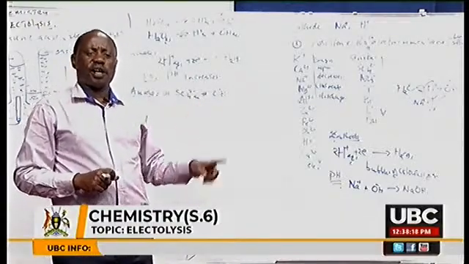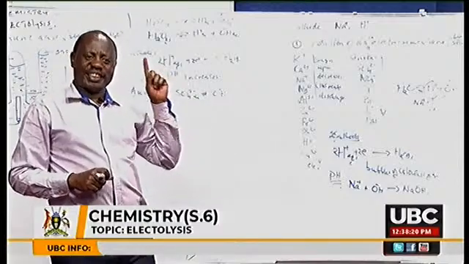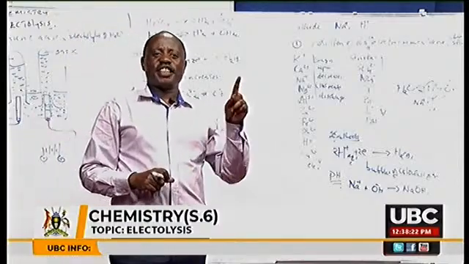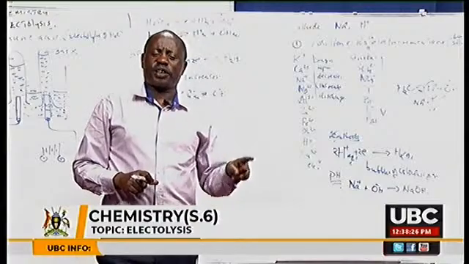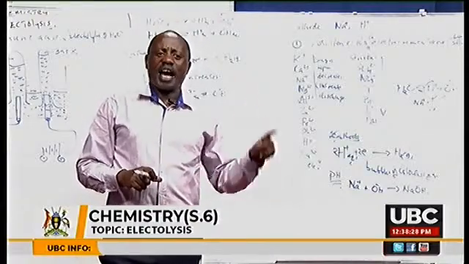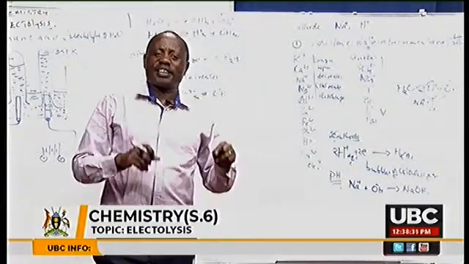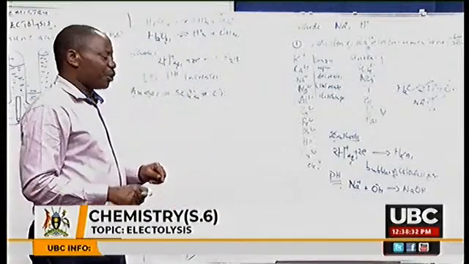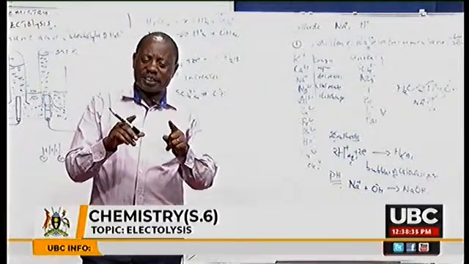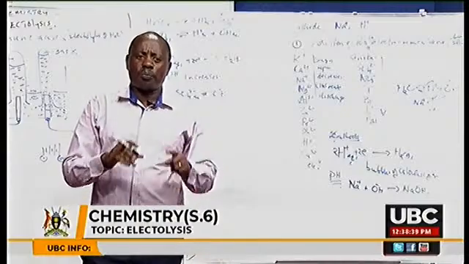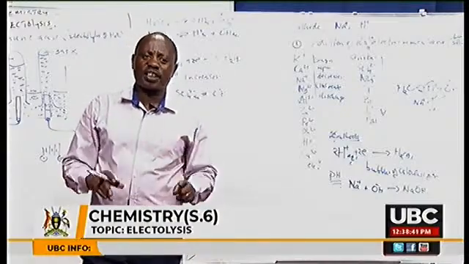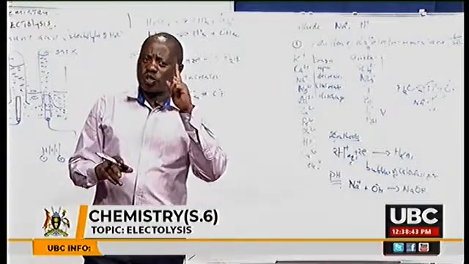But hydroxyl ions will be preferably discharged. And the reason is they are below sulfate in the electrochemical series and therefore require less energy. And we have seen, I want you to master this one, whenever hydroxyl ions are discharged, they decompose to form water and oxygen as one equation.